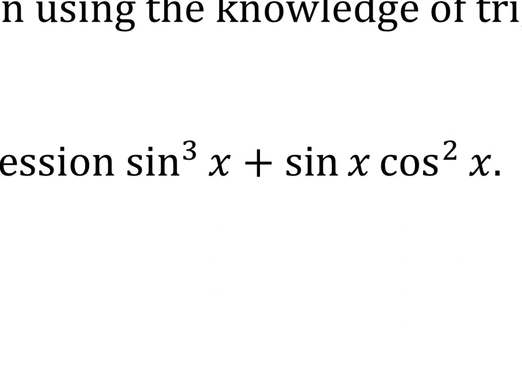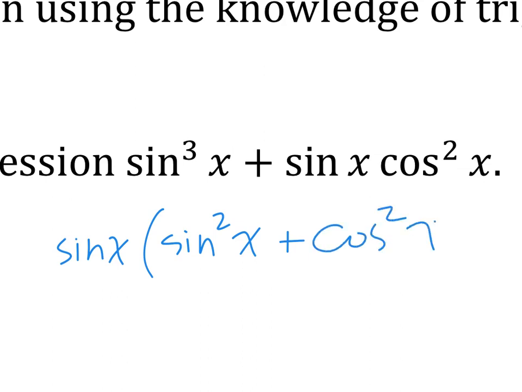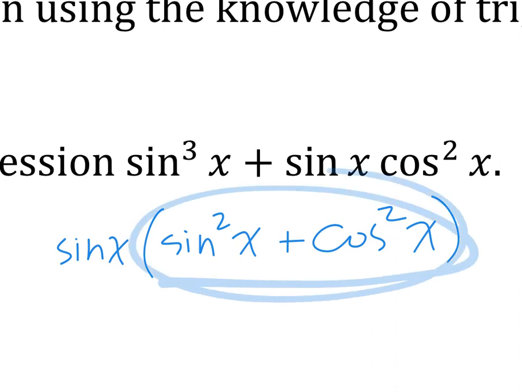If I see sine in both, what is one thing I can do? Not divide, just factor it out. So I'm going to take out sine x. If I take sine x out of the first term, what do I have left? Sine squared x. Plus, the second term, if I take sine out, what do I have left? Cosine squared x. Now let's recall, what does this equal? 1. So this answer is sine x.